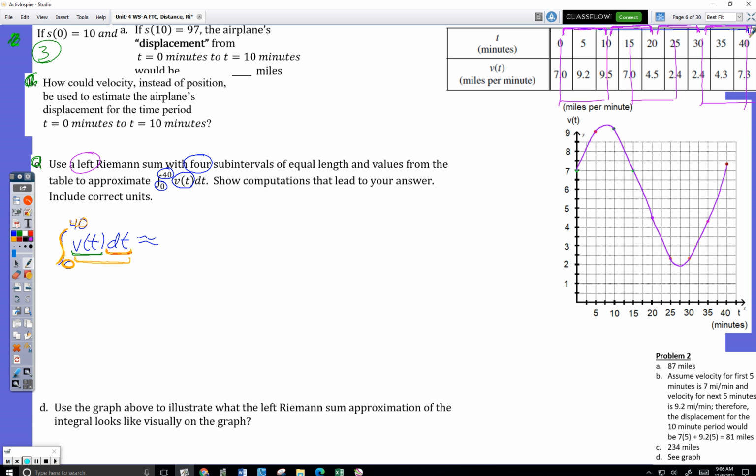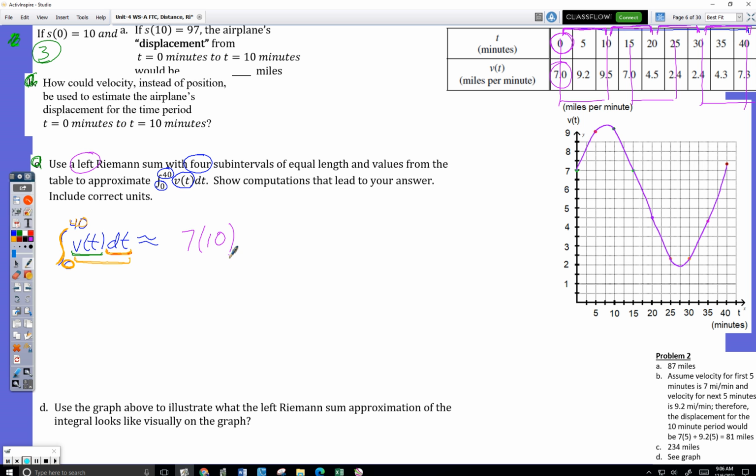All that's left to do is it says left Riemann sum. Remember, no homework tonight. We'll just pick this up again on Wednesday. That means you go to the first subinterval, you pick the left side of the subinterval, and you pick that velocity. This is Haley's question. You take that velocity and you multiply by a duration of time, 10 minutes. Then you repeat the process for each subinterval.